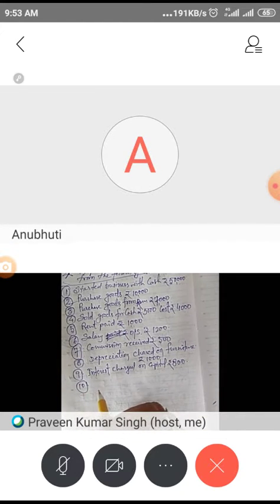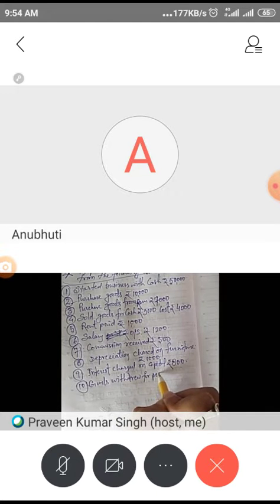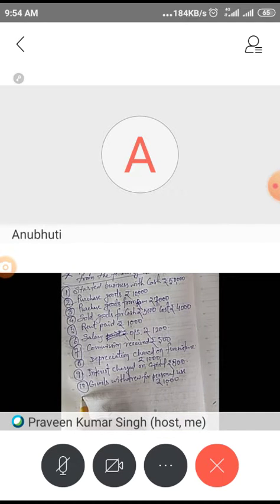Tenth transaction is goods withdrew for personal use rupees 1,000. 11th transaction may be goods sold to Ram.